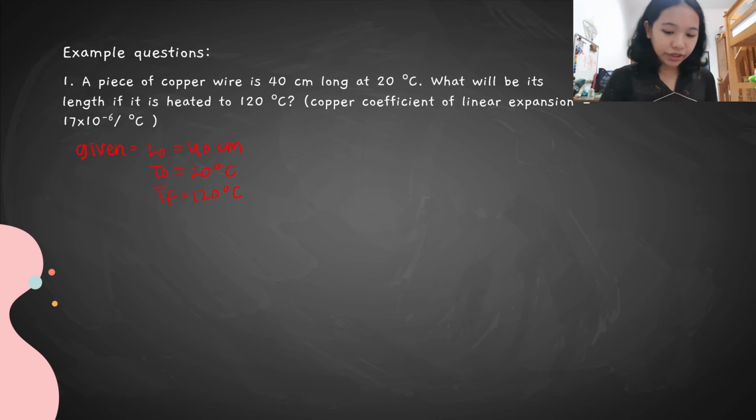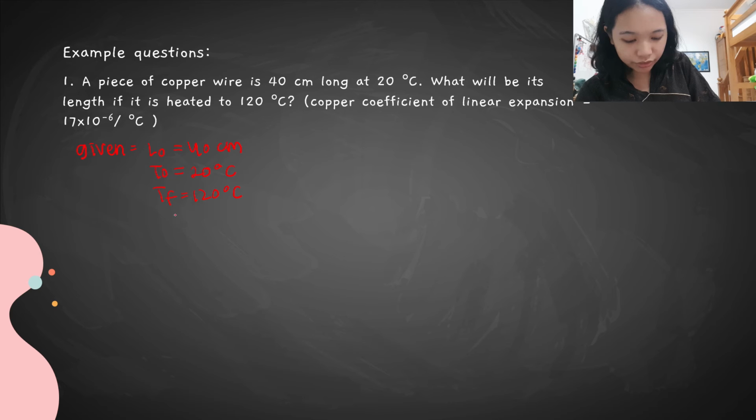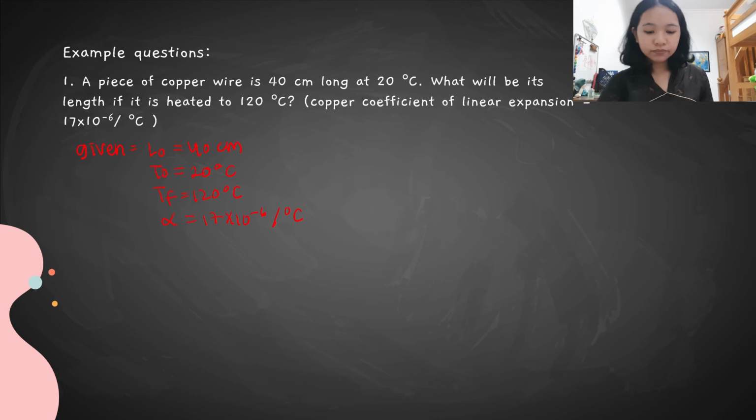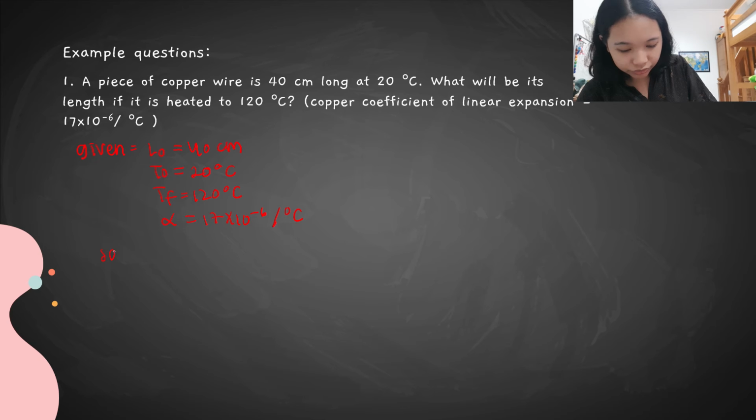Copper coefficient of linear expansion, so we can write it also down. Alpha equals to 17 times 10 raised to negative 6 over degrees Celsius. So this is a simple question. You just have to fill in the needed things from the formula. Solution, let's write solution.